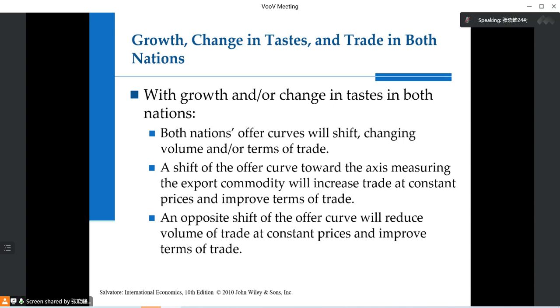A shift of the alpha curve toward the axis measuring the export commodity will increase trade at constant prices and improve terms of trade.